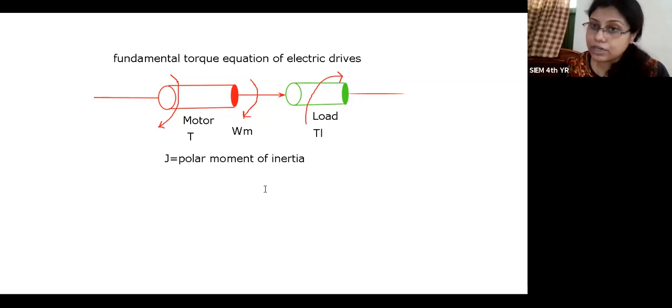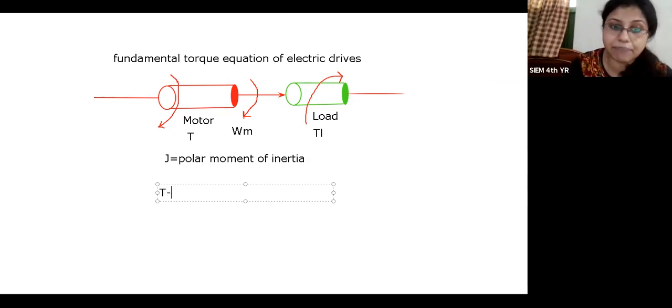Now omega m is the angular speed, angular velocity, motor torque is represented by capital T, and the load torque is TL. So we can write the rate of change of polar moment of inertia, that is T minus TL, is equal to d/dt of J omega m.